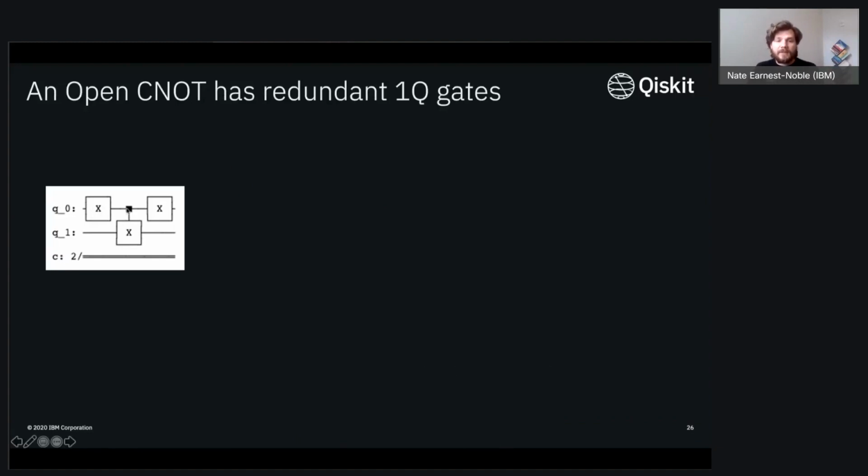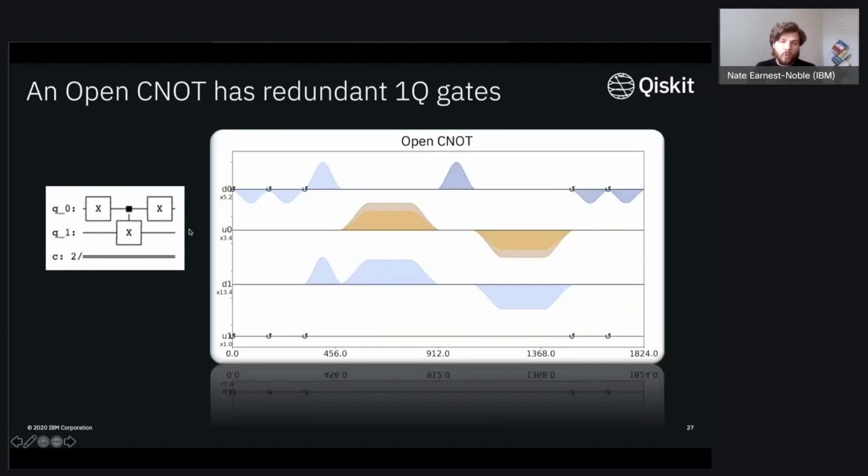Namely, if you have a CNOT which is controlled on the 1 state, and you wanted to instead make it controlled on the 0 state, you add an X gate before and after. If you just look at the straightforward way in which this ends up getting mapped to a backend, it looks something like this, where you can see that you have a series of single-qubit gates that exist around your cross resonance.